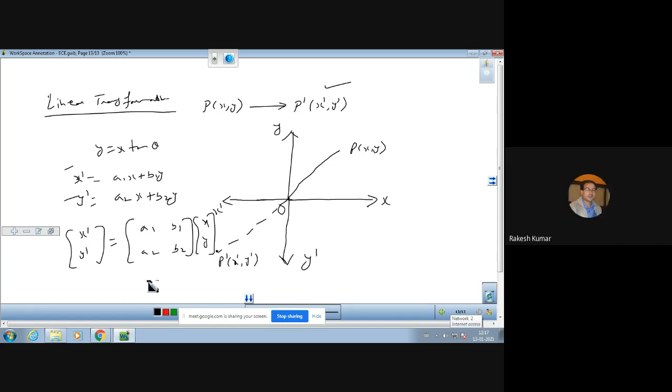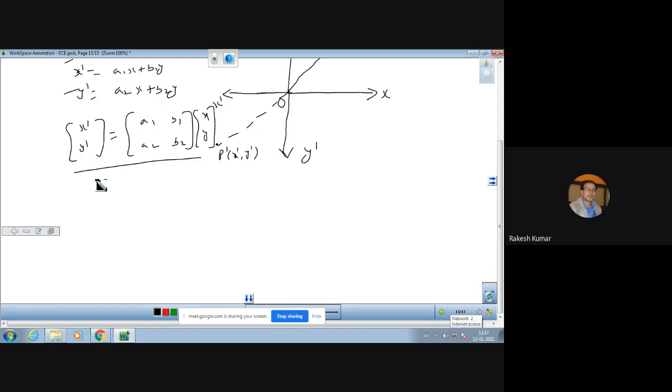Such type of transformation is said to be linear transformation in two dimensions.